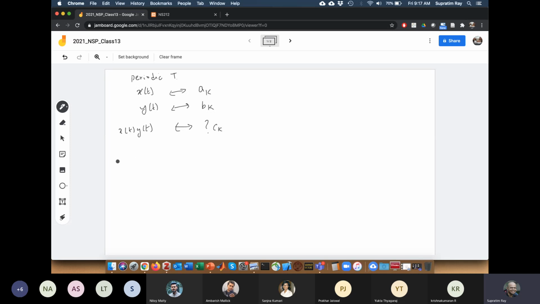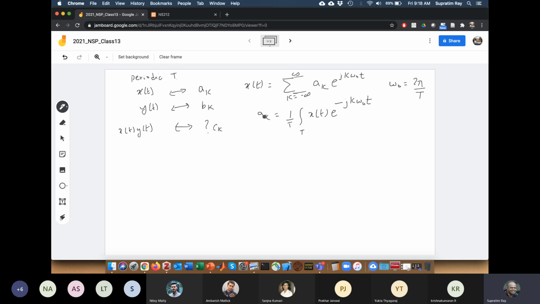Let's see. So remember, how are a_k and x(t) related to each other? x(t) is just the sum over all k of a_k e^(jk omega_0 t), where omega_0 is 2 pi by T. So this is the synthesis equation, and similarly you will have it for y(t). And a_k is given by 1 by T, integral over T, of x(t) e^(-jk omega_0 t).